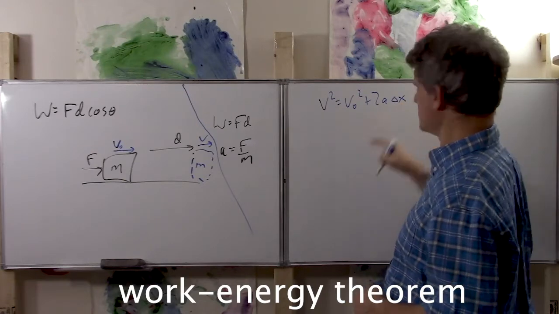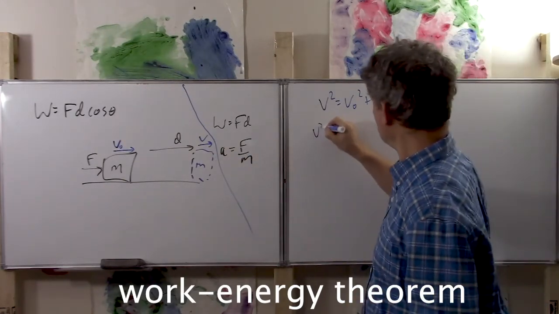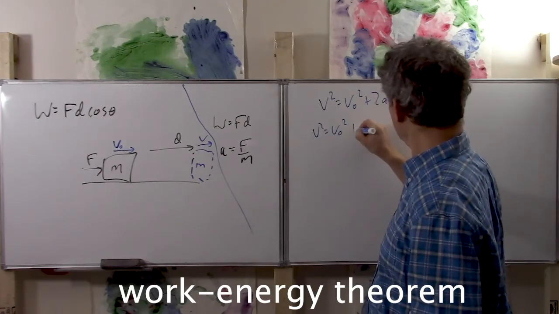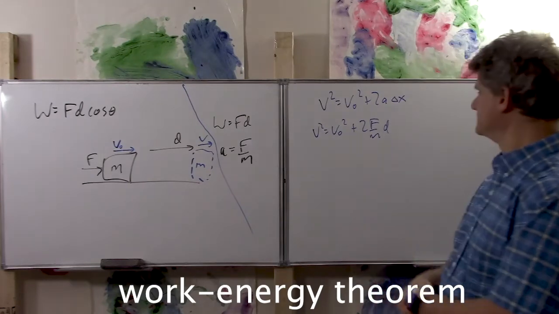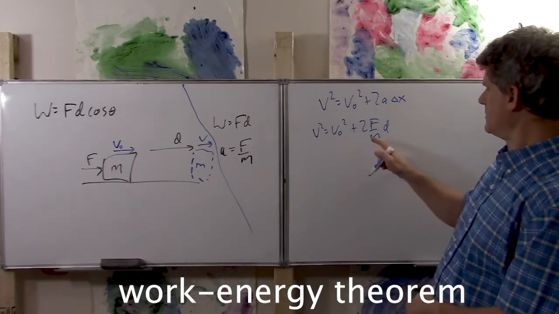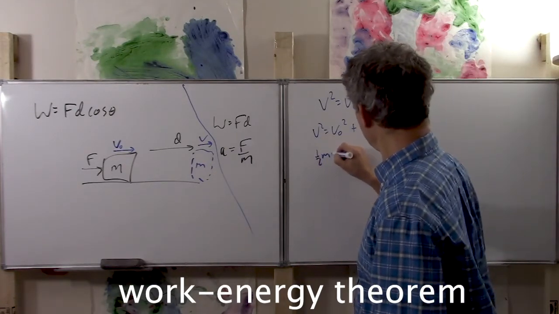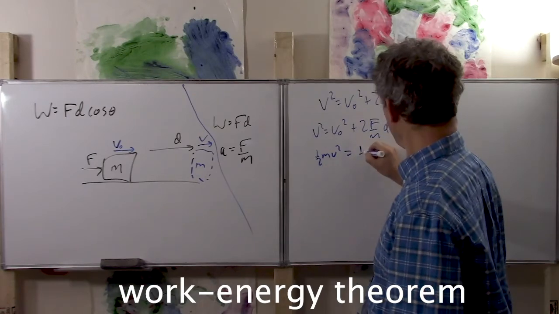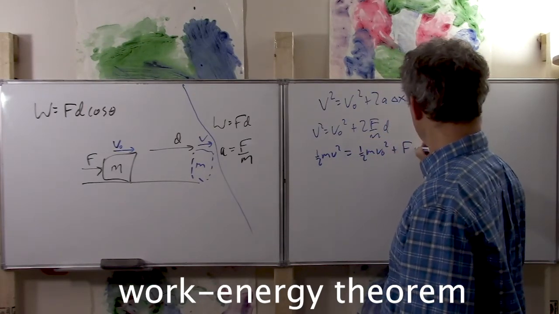So in our case, delta x is d, and acceleration is F over m. So v squared equals v0 squared plus 2 F over m d. And if I multiply by m divided by 2, we get 1/2 mv squared equals 1/2 mv0 squared plus Fd.